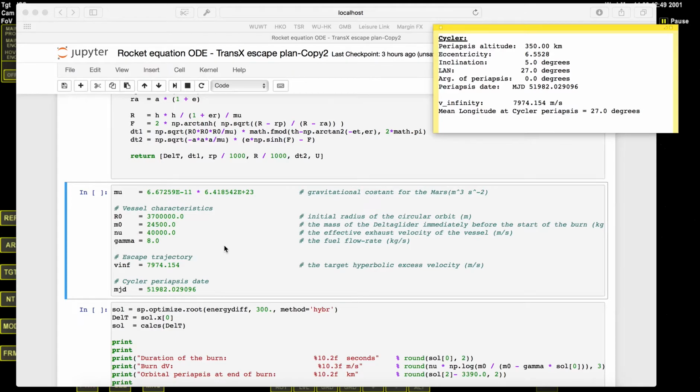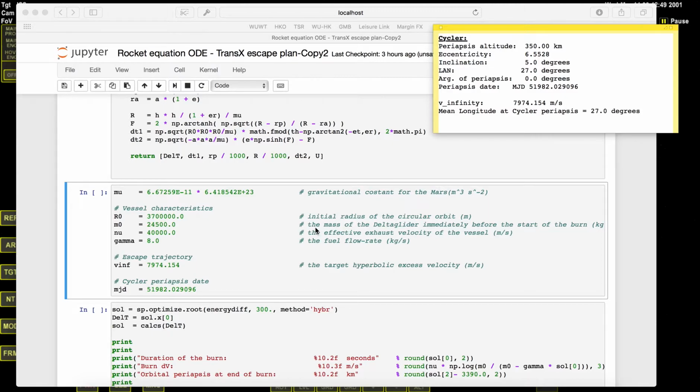Now, what I want to execute is this: I'm starting in a circular orbit of some radius, some altitude above Mars, and I don't know exactly what it is. I'm going to guess for the time being that the radius is 3,700 kilometers.